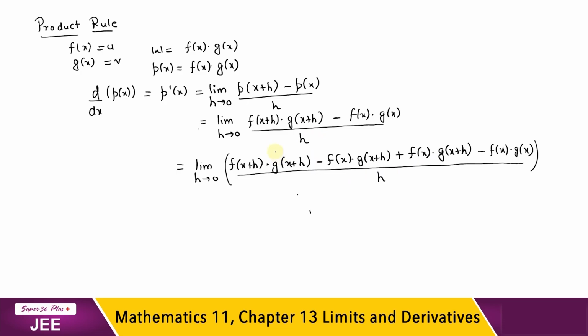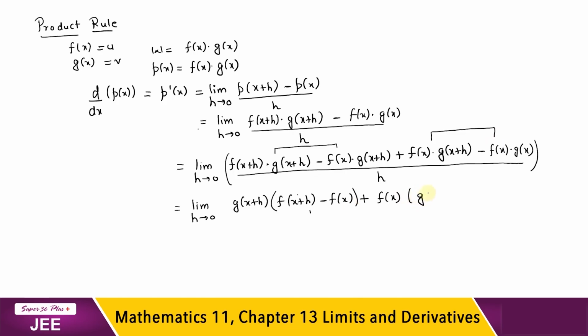Now from these two terms we can take g(x+h) as common. So we are left with limit h tending to 0, g(x+h) times (f(x+h) minus f(x)), and further from these two terms we are going to get f(x) as common, and we are left with (g(x+h) minus g(x)) whole divided by h.